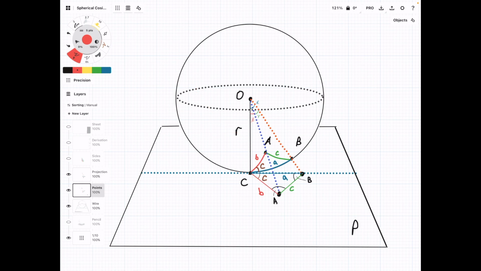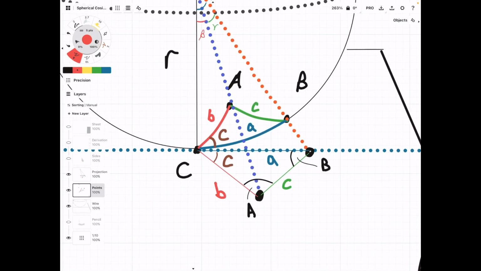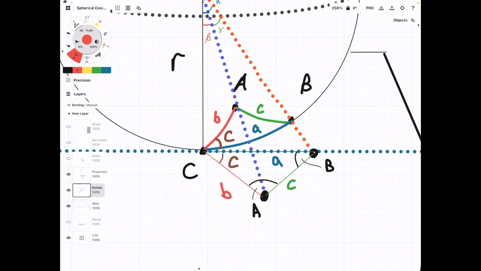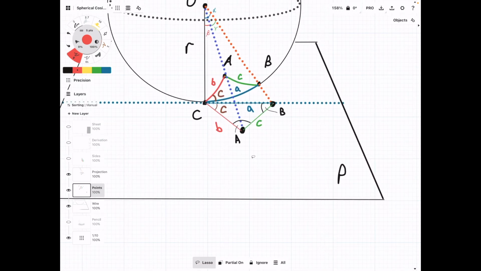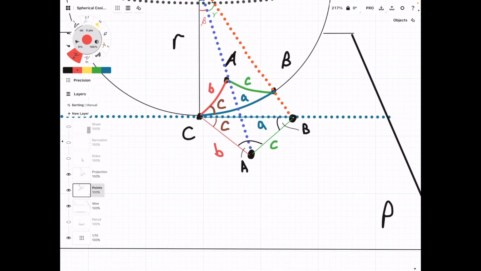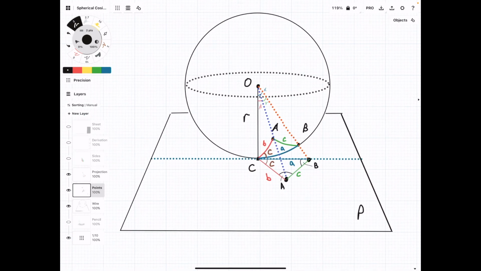The point of all that is to say that when these great circle planes intersect this plane P, we're going to have a regular planar triangle. The sides are not arced, they're straight lines, and we can deal with it using the trigonometry that we already know.